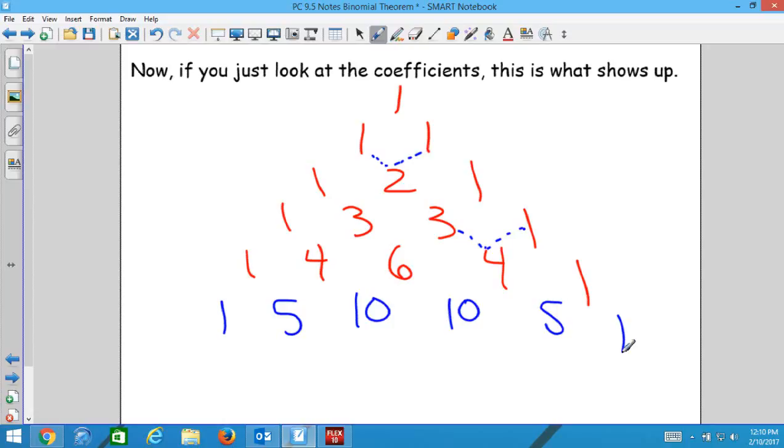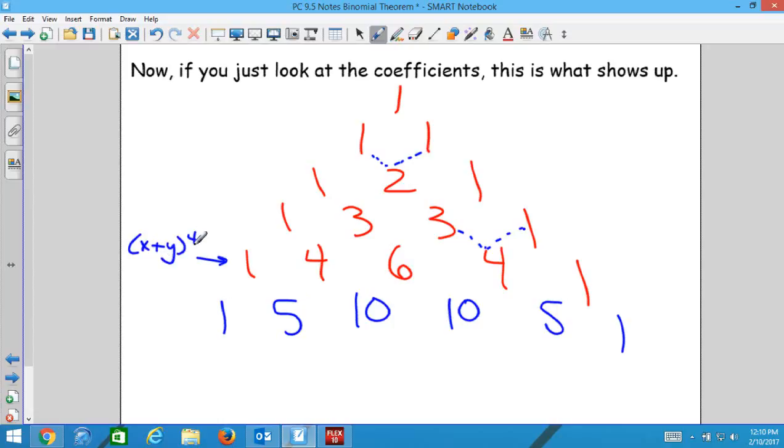So these are the coefficients. Now, when we did x plus y to the 4th, which row was that? It is not the 4th row. It's the one that starts with 1, 4.